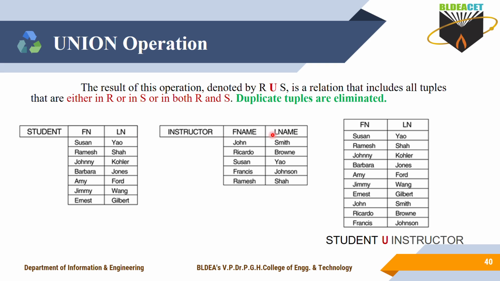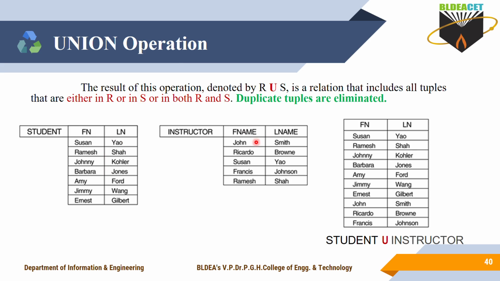The attribute names may be different, but the data type you take for Fn and Fname must be the same, and the data type for Ln and Lname must also be the same. The number of attributes is two in both. If the number of attributes and data types are the same, that is what you call type compatible. If it is compatible, then you can go for the union operation.